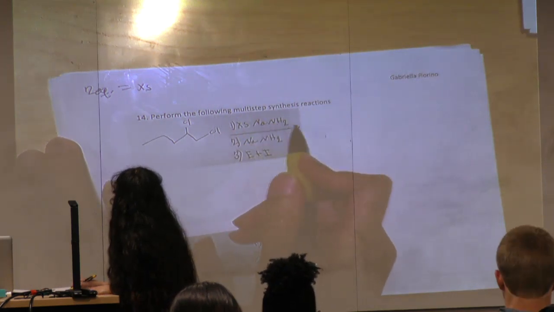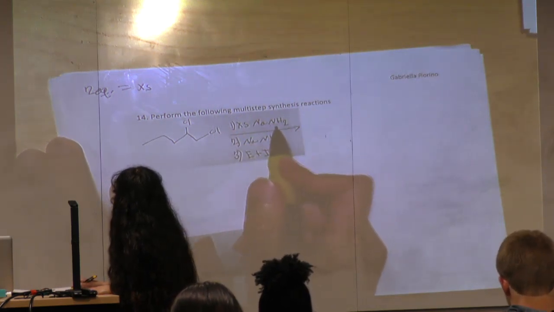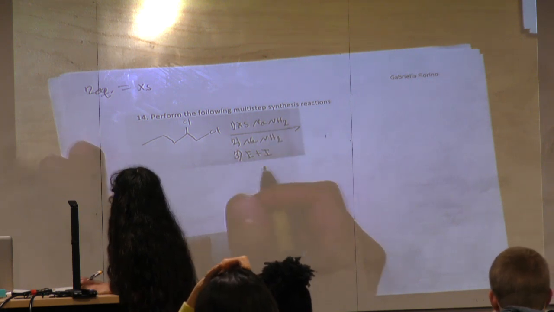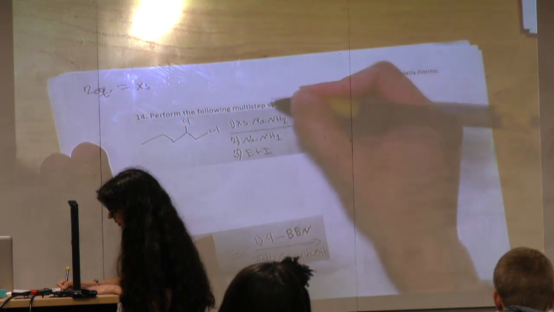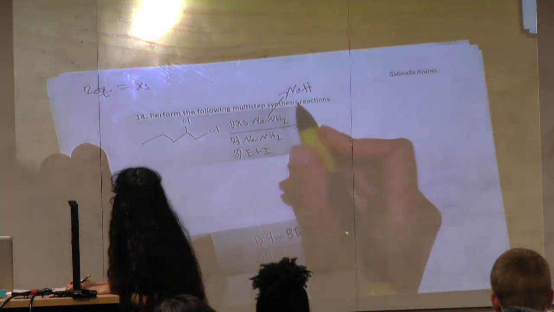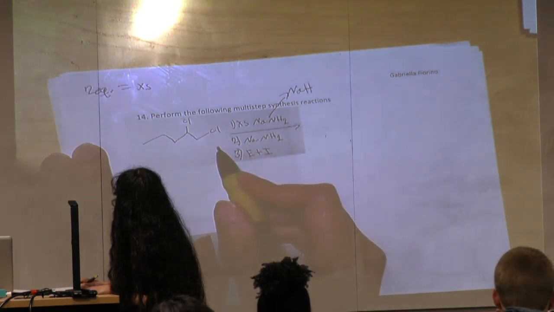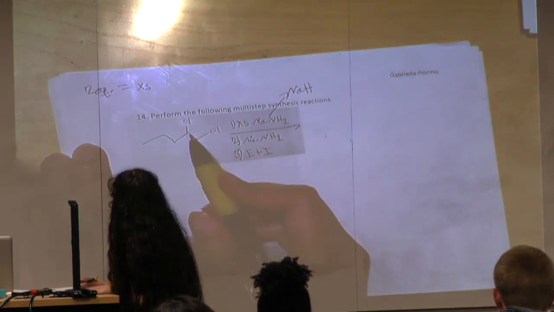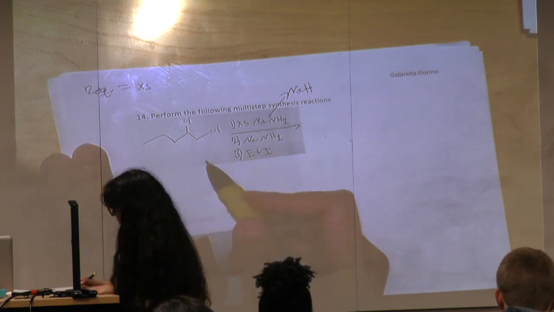We have NaNH2. What's another reagent we can use aside from NaNH2 to do the exact same thing? Exactly, perfect. So you could use NaH and it'll do the exact same thing. So what this does, we have excess of it, so it's going to pick off hydrogens and form double bonds.